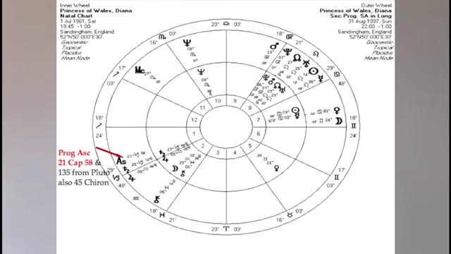But actually, let's look at when this happened from a secondary progressed point of view. So I'm going on to the next slide, which is 17. What we have is the progressed ascendant, which, if you remember, I'm saying the progressed angles are very important. The progressed ascendant has moved to about 22 of Capricorn, and I'll show you the next slide, it's clearer.